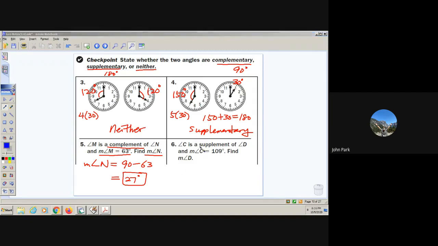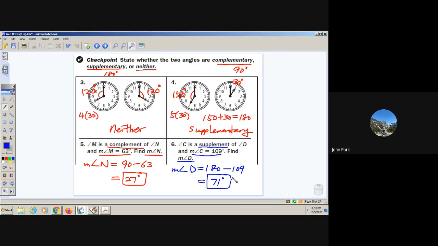And then the other one is supplement, which means 180 degrees. If I know one of the angles, the measurement of angle D is going to be 180 minus 109, because together they have to add up to 180. So 180 minus 109 is 71 degrees.